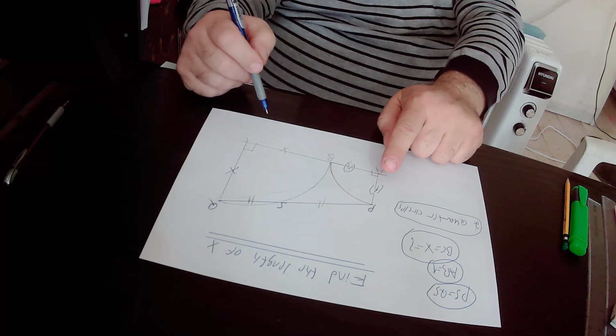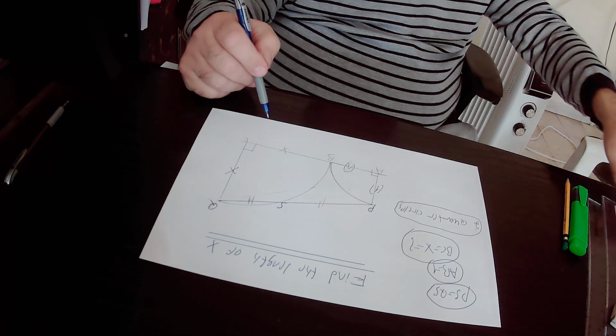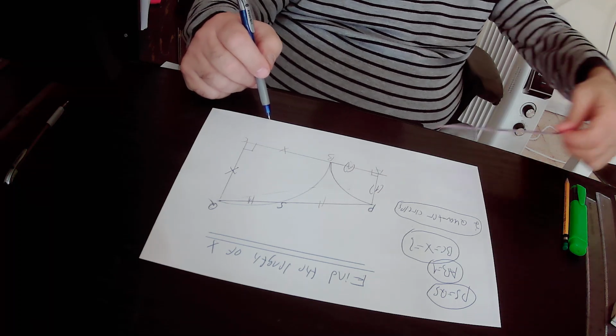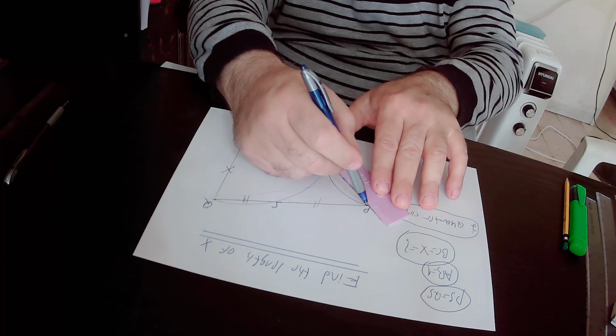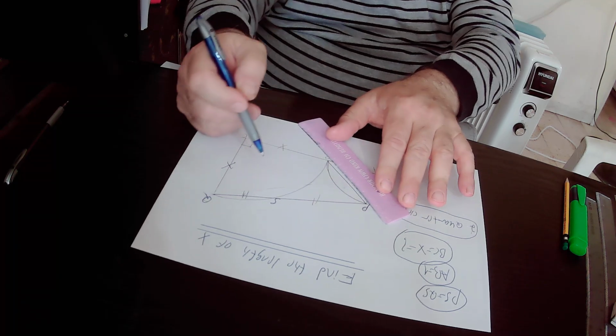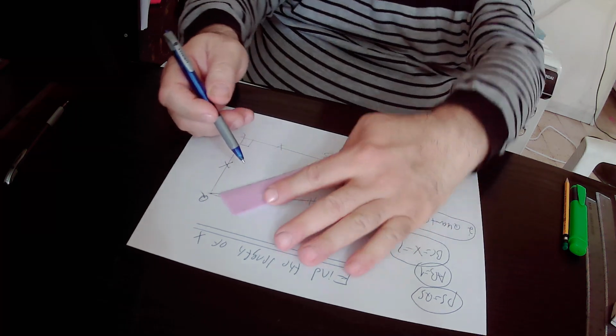In the next step, we'll join points P and B by a straight line, and we'll also join points Q and B by a straight line.